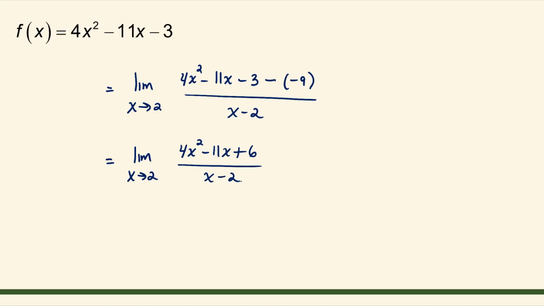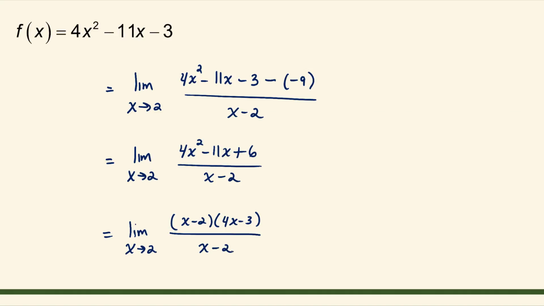Next, we will factor the numerator of our fraction, 4x squared minus 11x plus 6. Factoring the numerator, we would have the limit as x approaches 2 of the quantity x minus 2 times the quantity 4x minus 3, all over x minus 2.